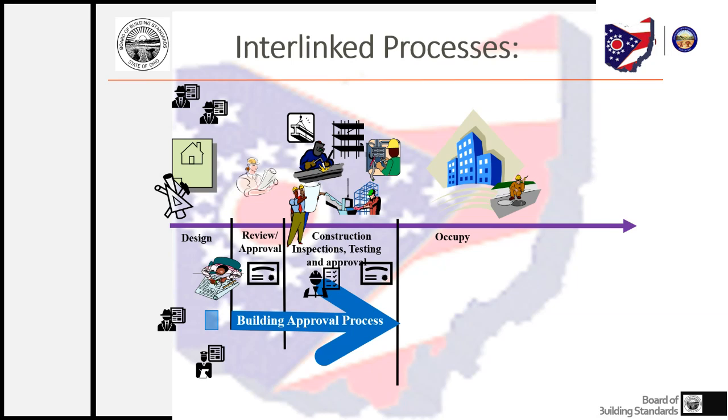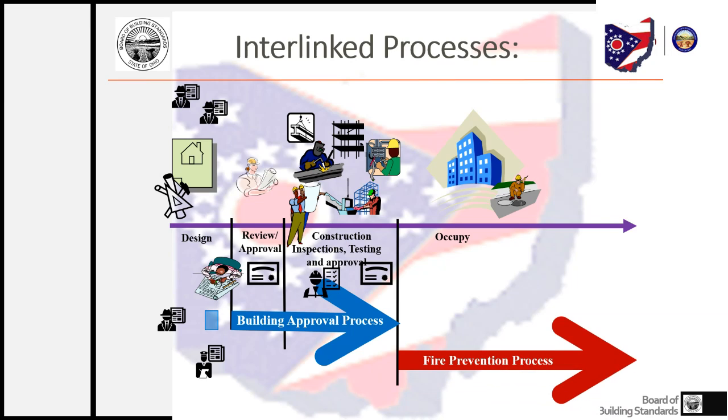You might, as a designer, want to talk to the building department before you submit for the formal review, get some guidance on questions of compliance with specific provisions in the code. After occupancy is granted, the fire protection or prevention process begins, enforced by fire officials.